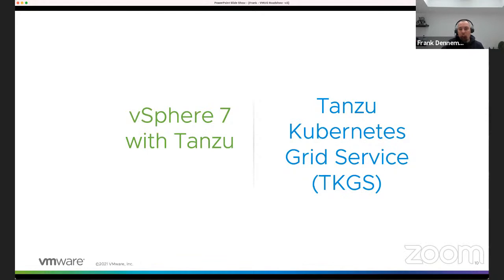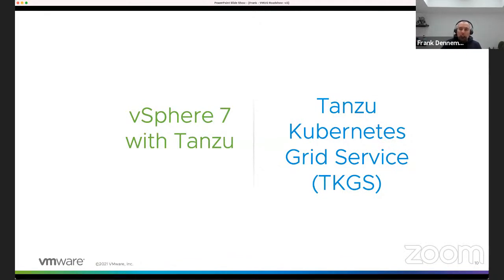So we have vSphere 7 with Tanzu that allows you to run a container as a native construct within the hypervisor. And then we have Tanzu Kubernetes Grid Service, TKGS, that allows you to spin up Kubernetes clusters inside virtual machines on top of the vSphere 7 platform.